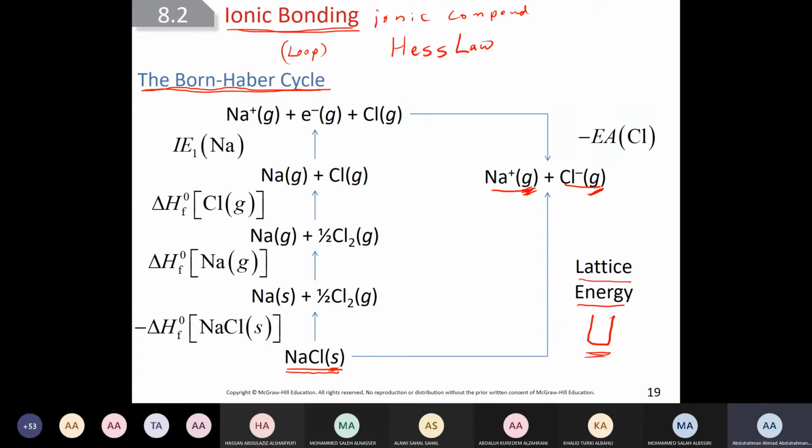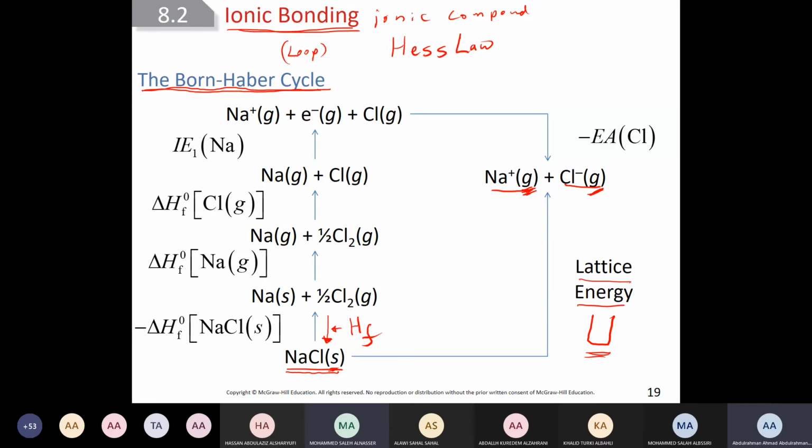Now, if you go from NaCl solid into Na solid plus half Cl2, as we said in chapter 5, if we go from here to here, the red pen, what's the energy to make this reaction? It's the heat of formation. Define to me the heat of formation, chapter 5.